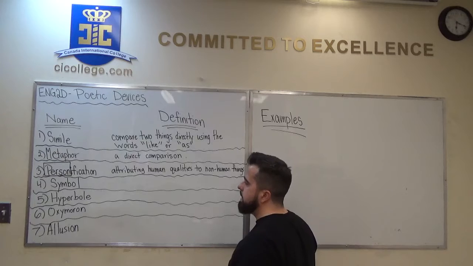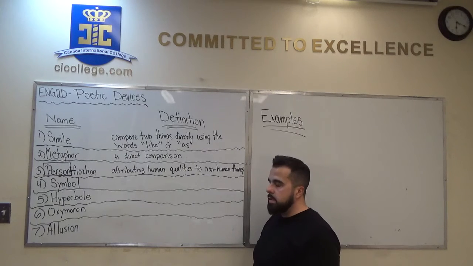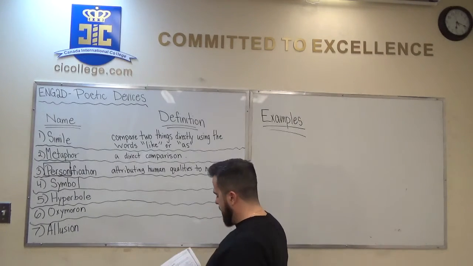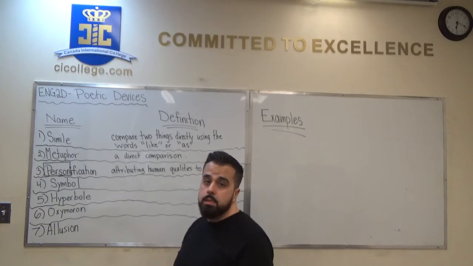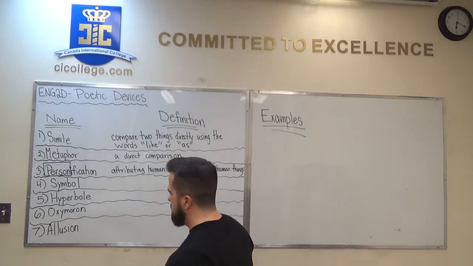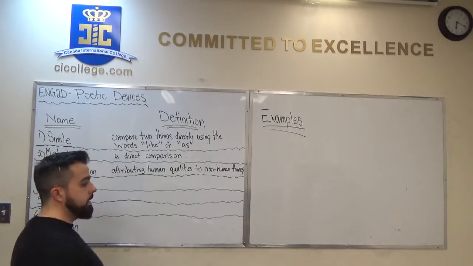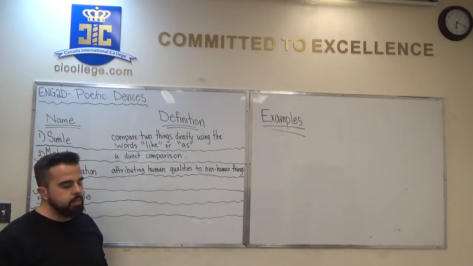Alright, next, number 4 is symbol. Well, a symbol is when an object represents something else. Okay? It's not just what it is, there's a meaning behind the object.